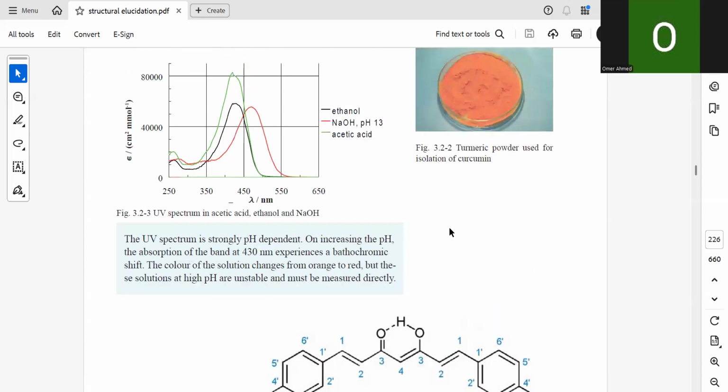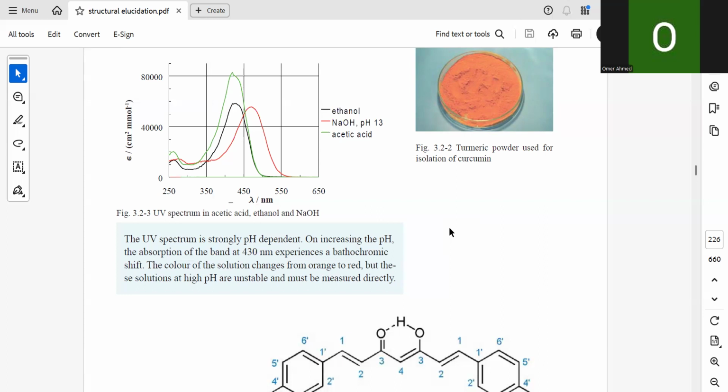If you look first at the UV, the UV spectrum is strongly pH dependent. As you can see, with different solvents, if you use ethanol, or sodium hydroxide at pH 13, or acetic acid, you will see that it gives you different absorption.